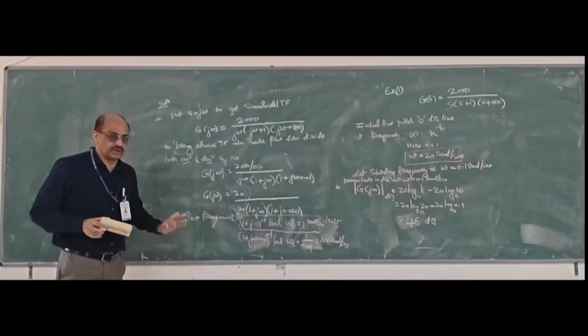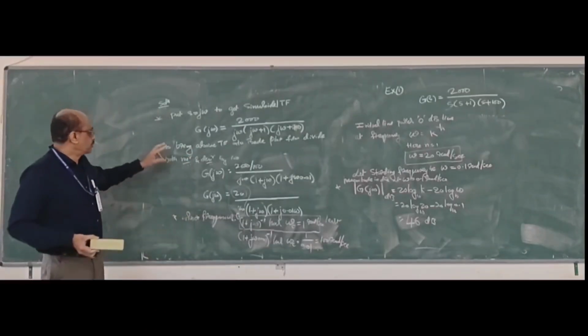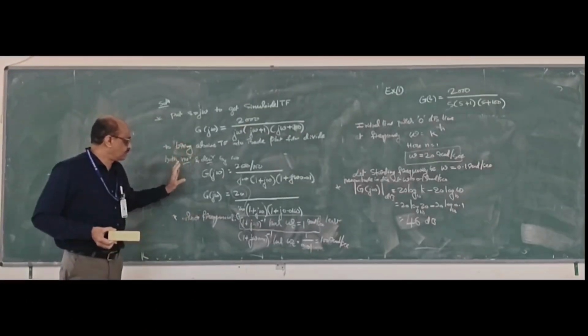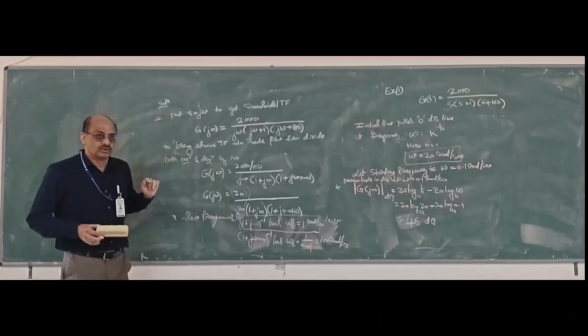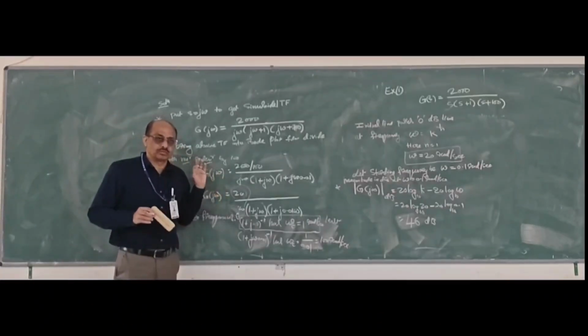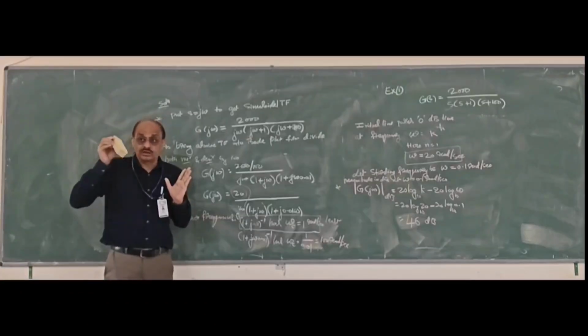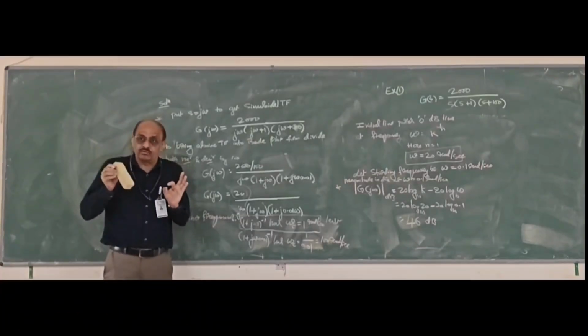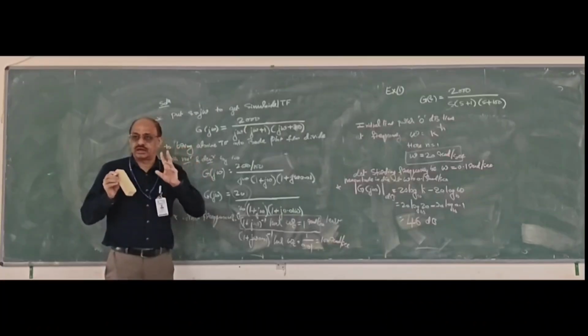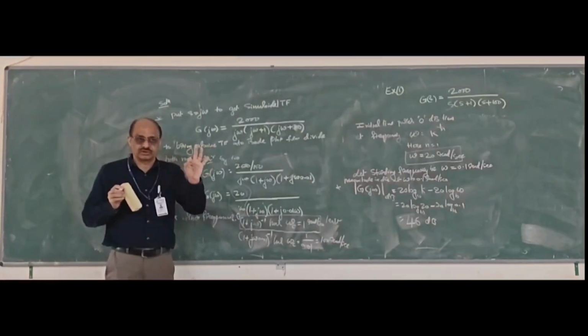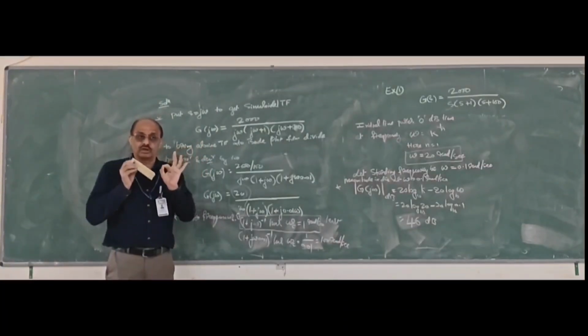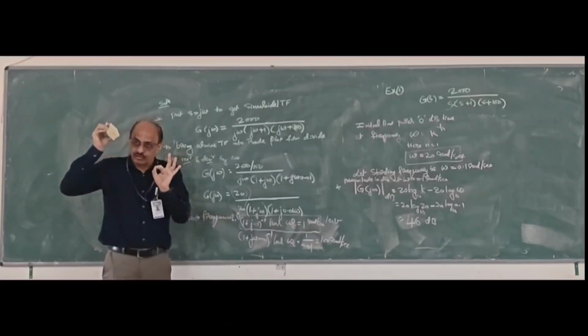So this is the initial line. You have to put s equal to j omega, of course, as you usually do. You have to bring that to the Bode plot form, that is the 1 plus j omega T form. Remember, all the first order zeros as well as poles must be in the 1 plus j omega T form only.